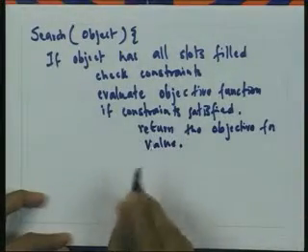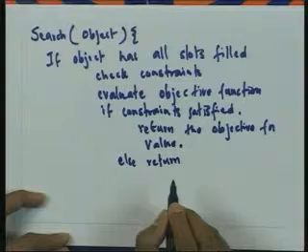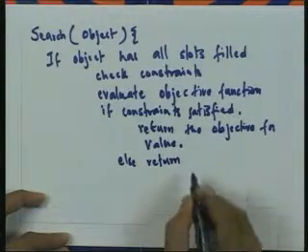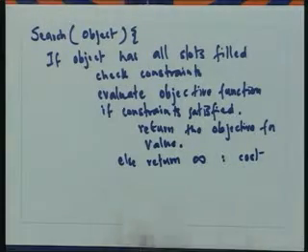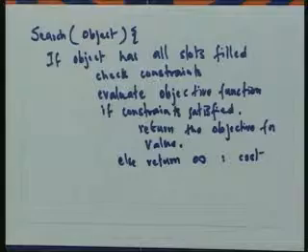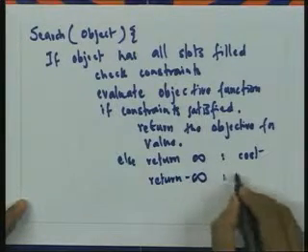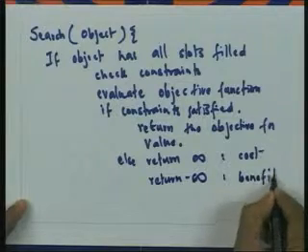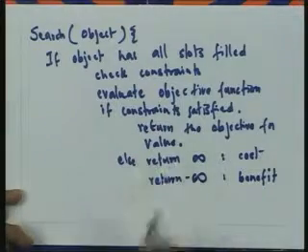If the constraints are not satisfied, we will return infinity if we are given a cost function. That is to say that this leaf found is to be disregarded. Infinity will just say that this is a useless leaf. We will return a minus infinity or a 0 if this is a benefit function. Assuming that the benefit is positive, we can even return a 0. So this is what we do at a leaf.